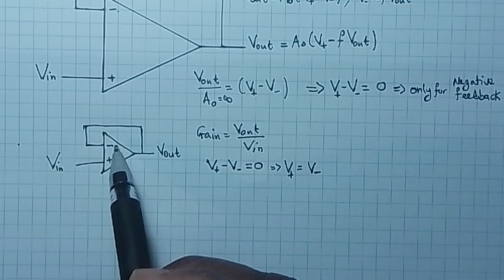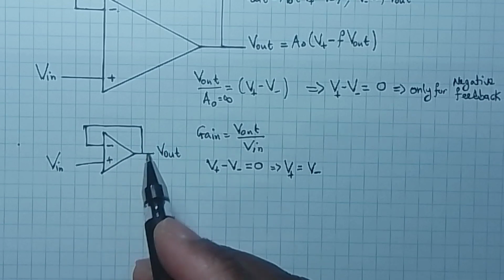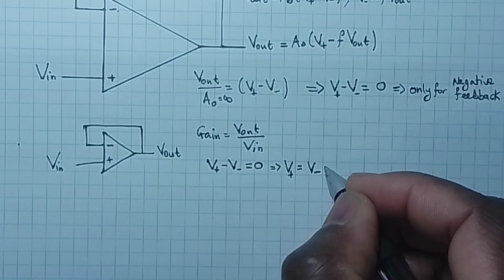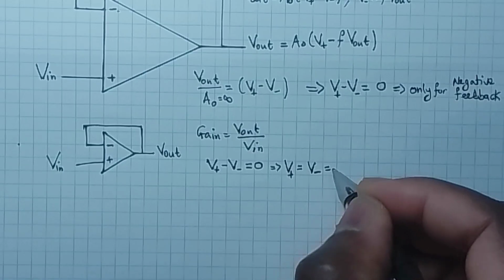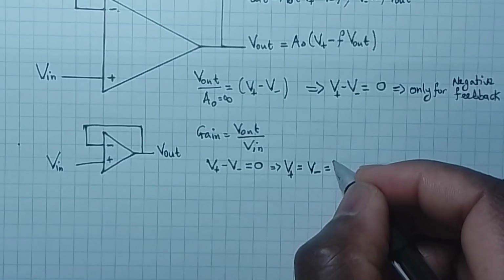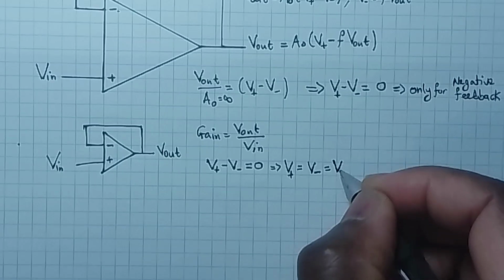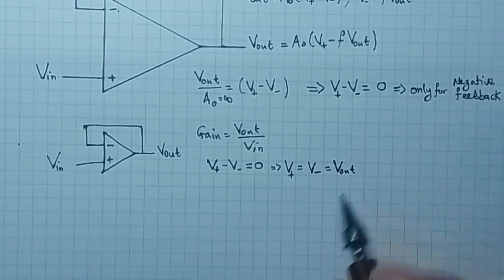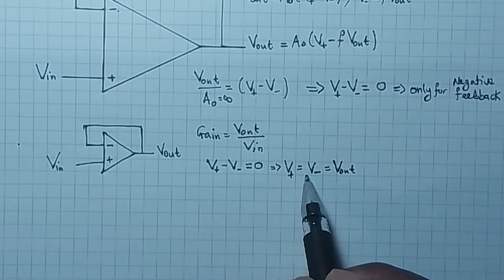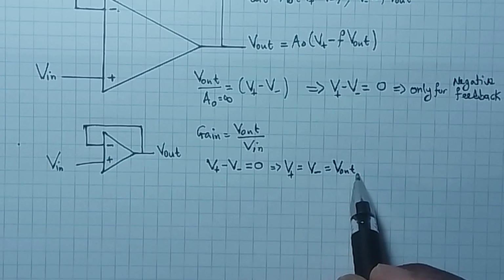Therefore, V minus is equal to V out. So V plus is equal to V minus and equal to V out.